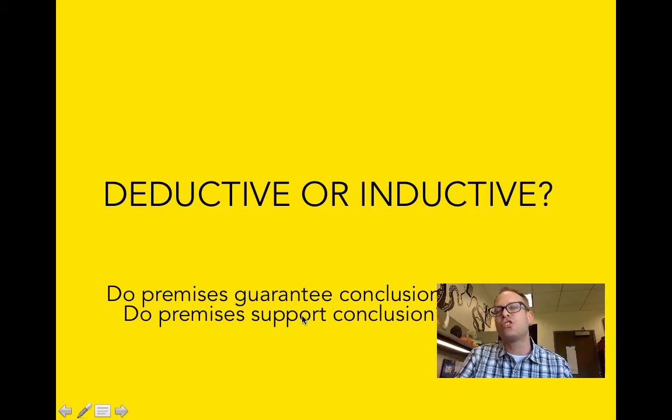But if the premises just support the conclusion, it's going to be inductive. So if the premises support the conclusion, they don't guarantee it, it's inductive. But if the premises are hardcore, it's deductive. Like, duh, right? It's so obvious that it has to be true.